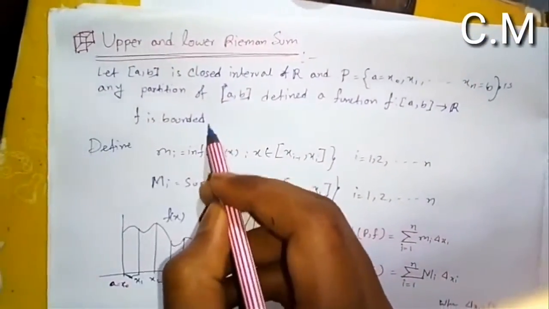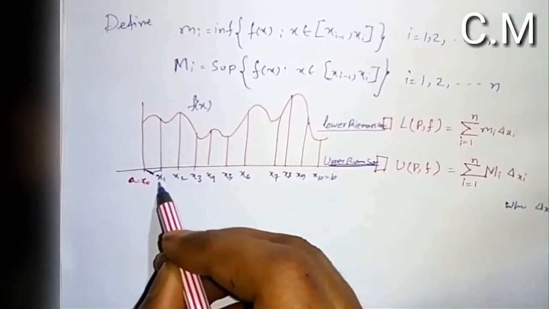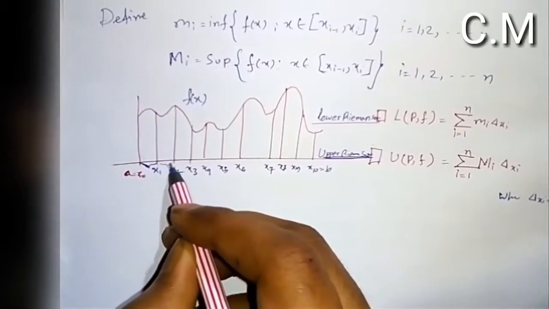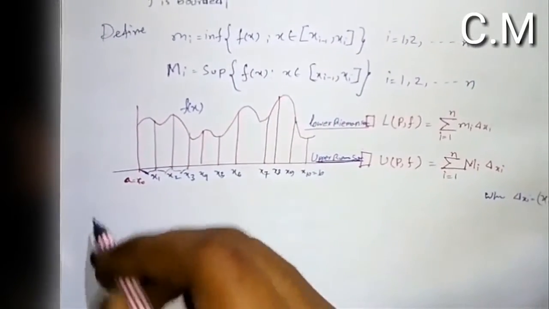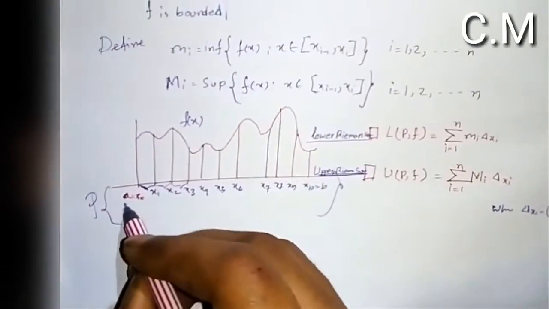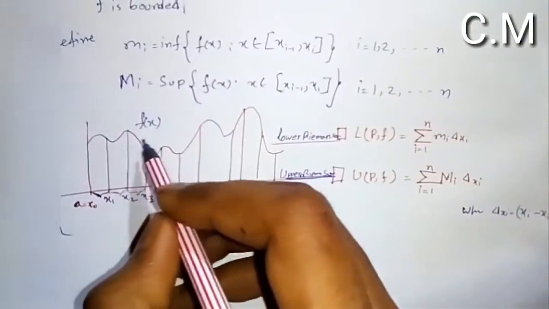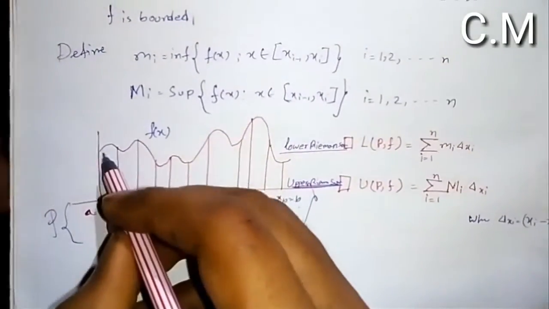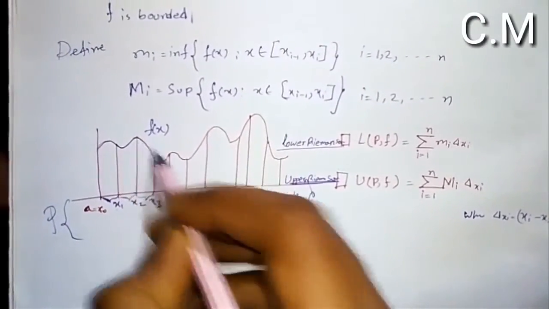Here is the definition of the lower and upper Riemann sums. Suppose x0 to x1 is a subinterval, x1 to x2 is another subinterval, and x2 to x3 is also another subinterval, and the partition is P, which contains the elements from a to b. Here f(x) is the function, and the value of f(x) varies at various points.